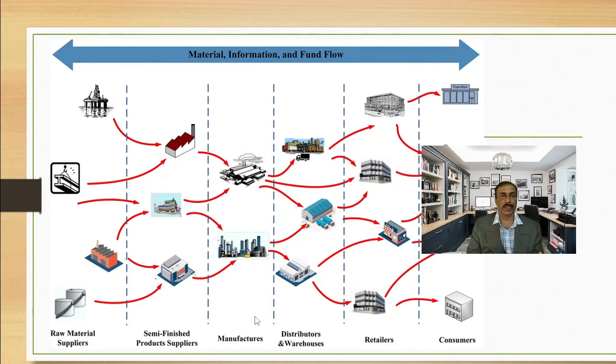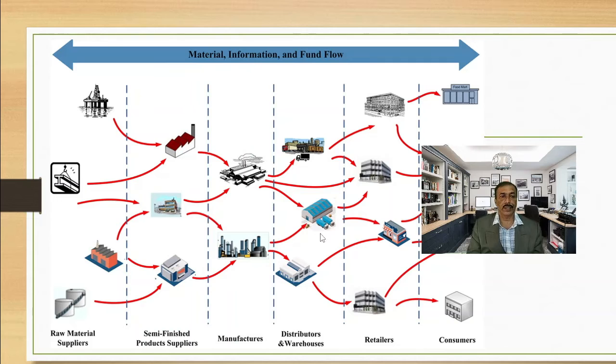Mostly the final product manufacturer will be involved in some type of assembly operations. They are getting all the components from various suppliers, and possibly they will also do some manufacturing inside the plant if the component is critical, and then they do the assembly and testing before sending it to the market.